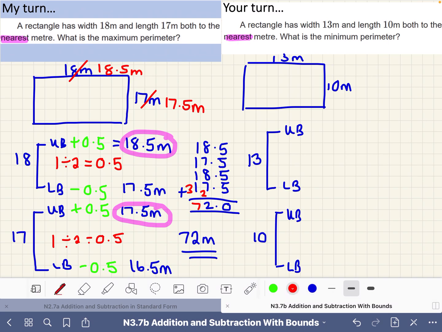Both have been rounded to the nearest metre, so that is 1, and we would divide that by 2 to work out what we must add on and subtract from our units. In this case it is 0.5. So for our upper bounds we must add on 0.5, and for our lower bounds we must subtract 0.5.